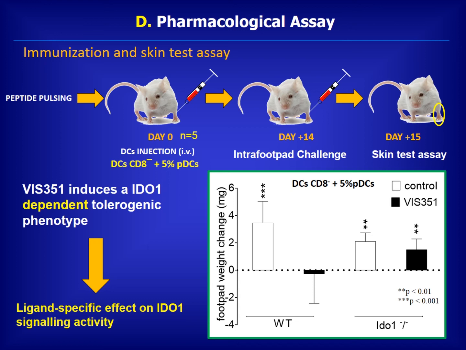Here we can see that indeed the molecule is still able to induce an IDO1-dependent tolerogenic phenotype, thereby suggesting that there is a ligand-specific effect on the enzyme, and in particular that this molecule may indeed stimulate the signaling activity rather than inhibit the catalytic activity of the protein.